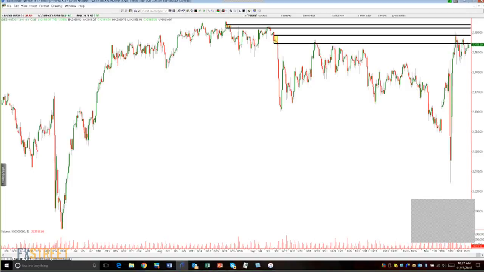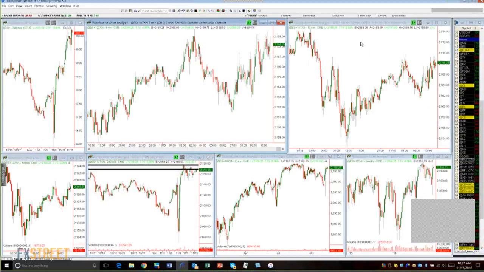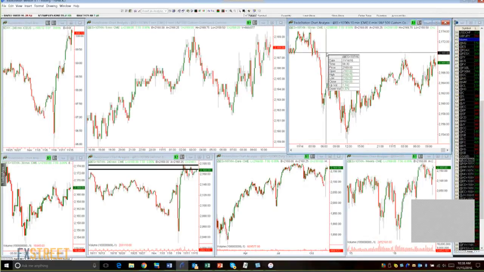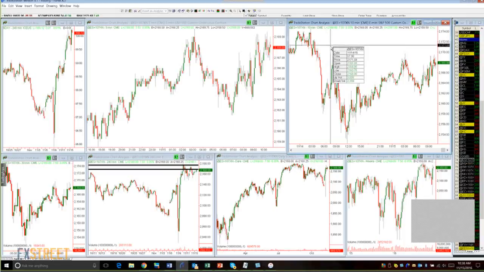Let's keep going. Let's look at a small time frame. I don't think you're going to find anything on a small time frame. You know what? I shouldn't say that. If you look at the 10-minute chart here, we do have a little level sitting at 2170. It's very low risk.